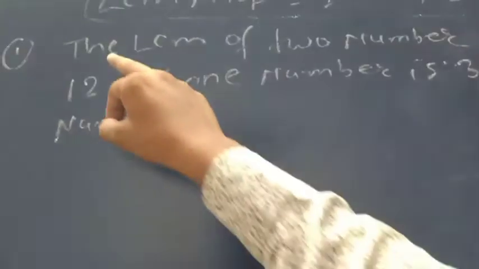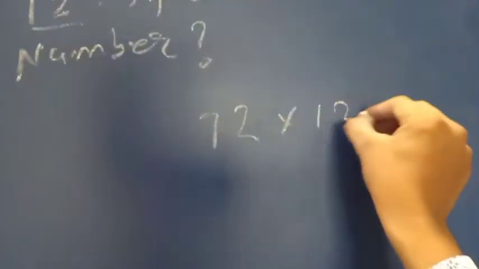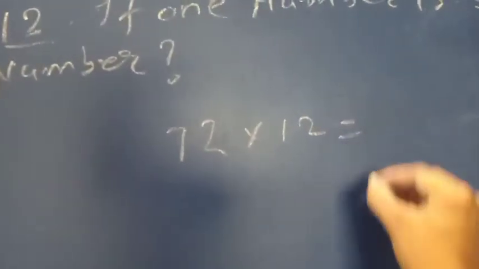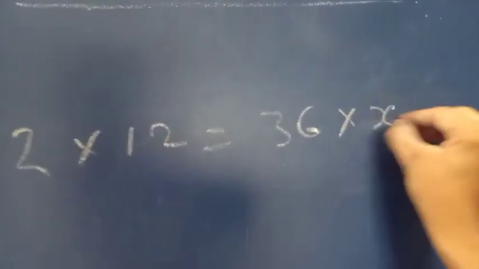So what we have, the LCM of two numbers is 72 and the SCF is 12. One of the numbers is 36, means the first number is 36, and find another number, that means find the second number.